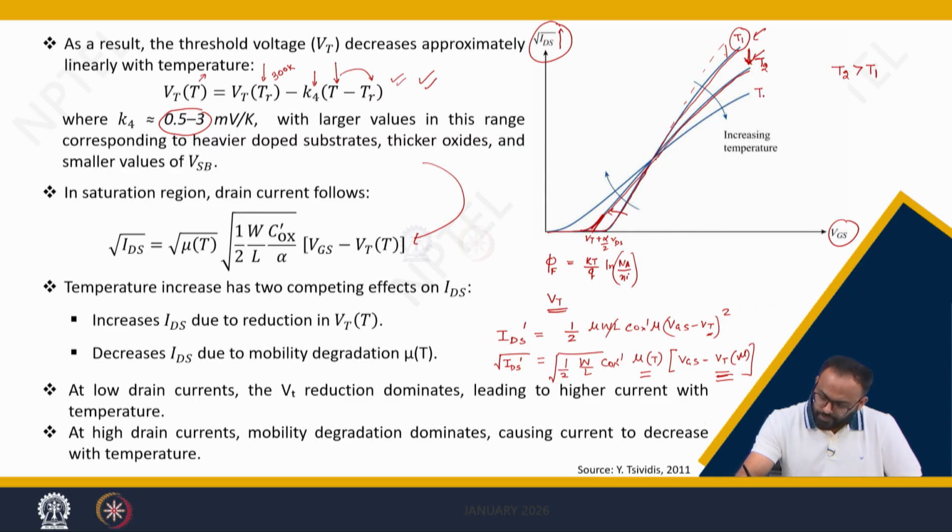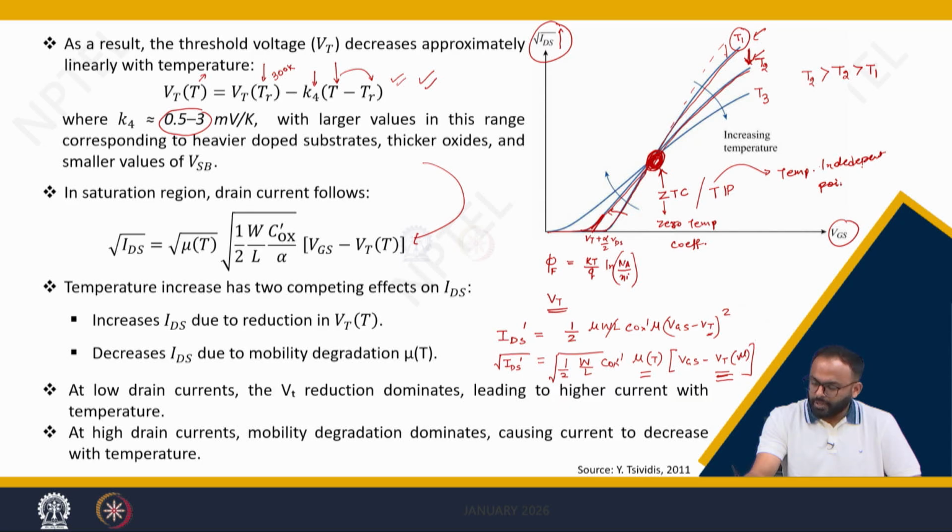In a similar way, this is T3, where T3 is greater than T2, and you will get this kind of curve. While plotting these curves, you will find there is a zone where the graphs intersect. This zone can be denoted as the ZTC point or TIP point. ZTC stands for zero temperature coefficient point, or TIP in the sense of temperature independent point.